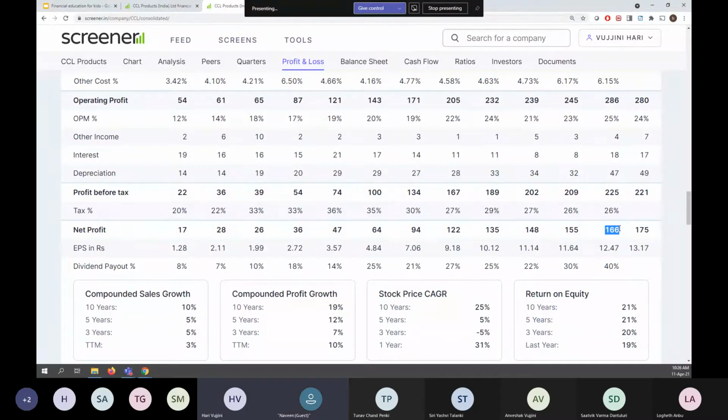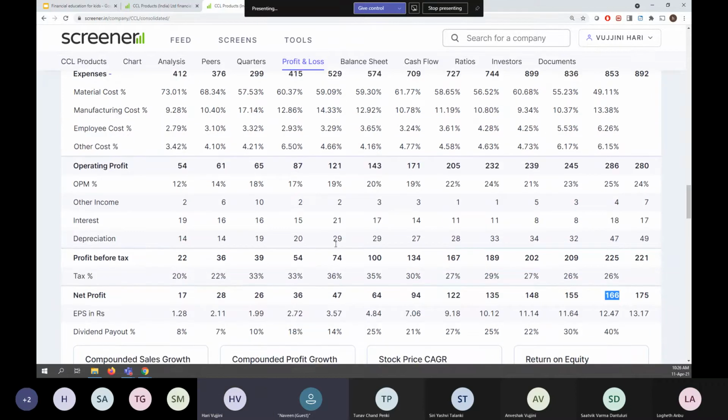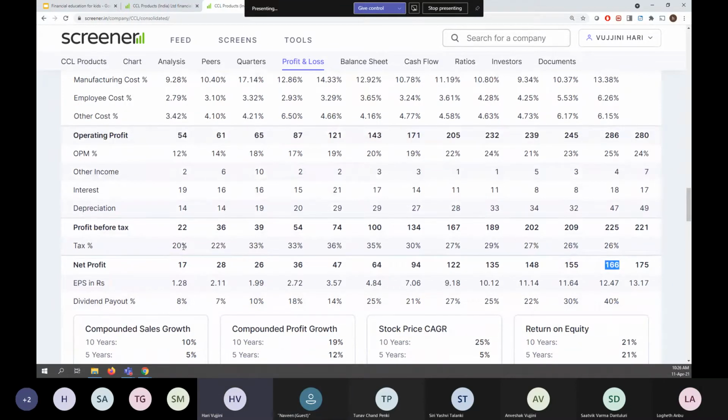Hari, here the taxes are varying every year, 20, 22, 33%. Yeah, exactly. The taxes have been varying because CCL products have some tax benefit from the government, local or central government, depending on where they are located.